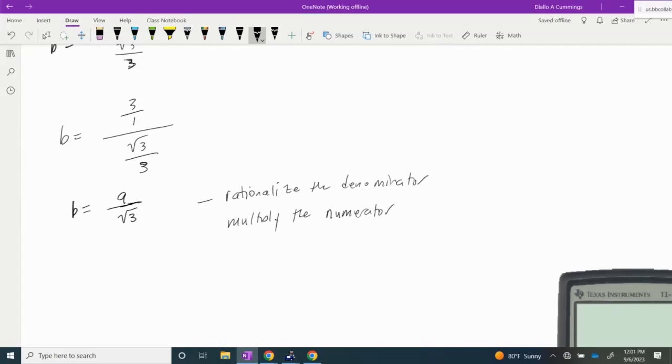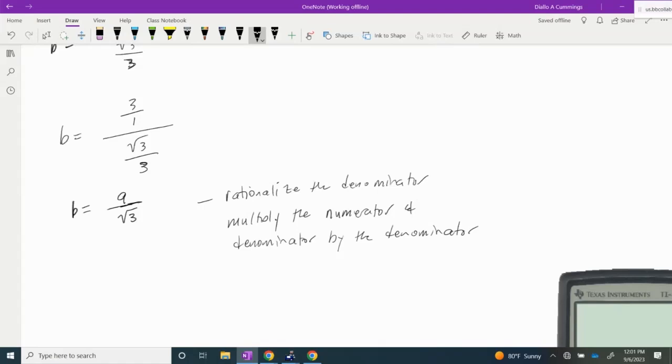We got to multiply the numerator and the denominator by the denominator.